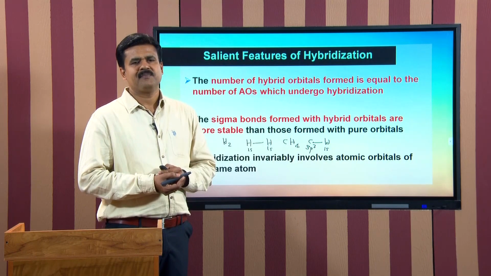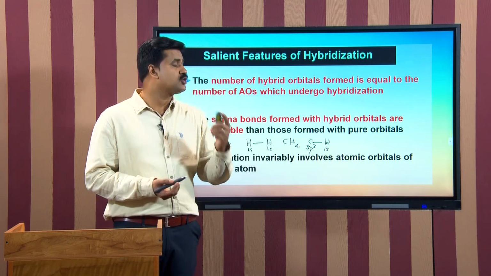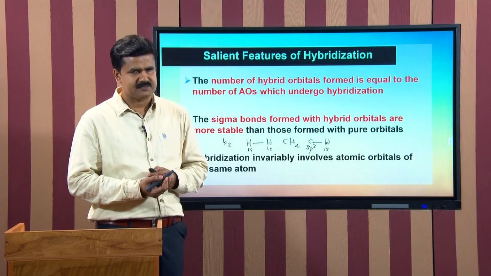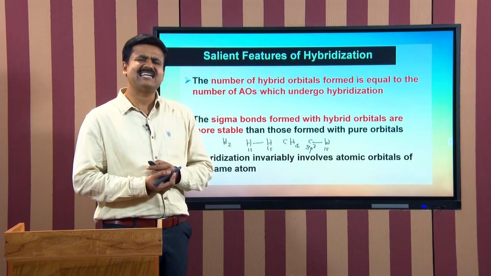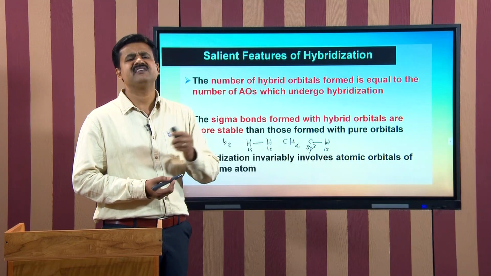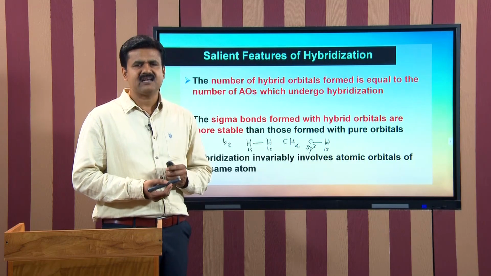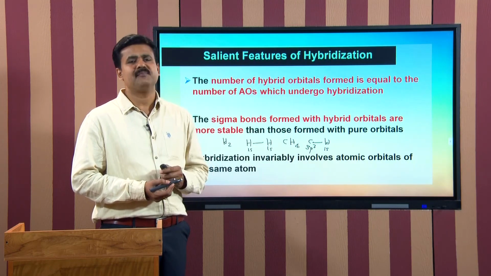Next point, hybridization invariably involves atomic orbitals of the same atom, preferably the central atom. We are always specifying hybridization with respect to the central atom, and we are considering atomic orbitals of the same atom.